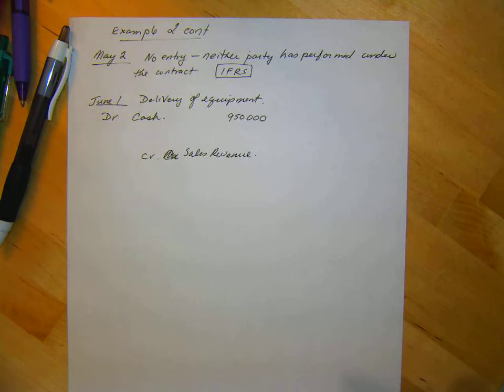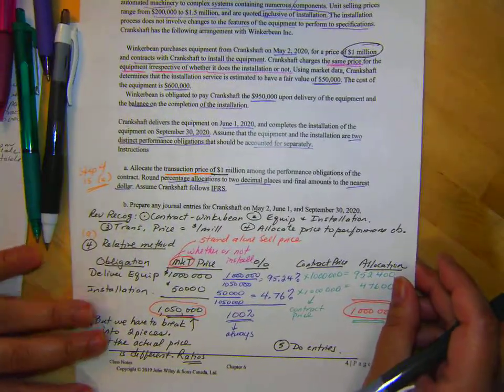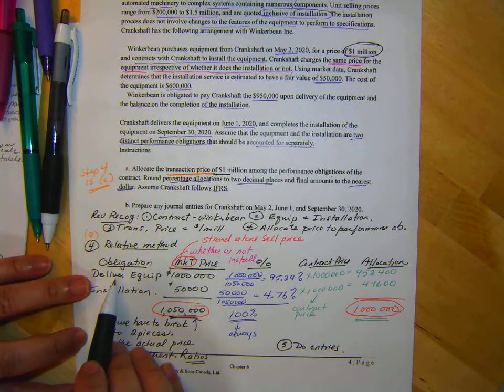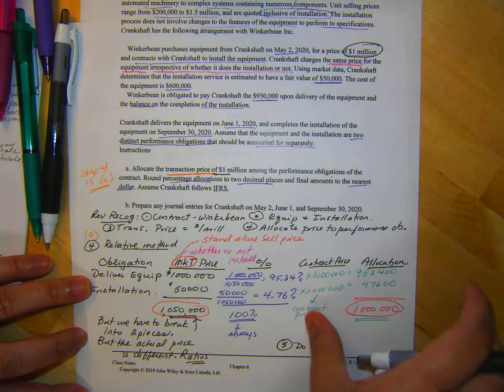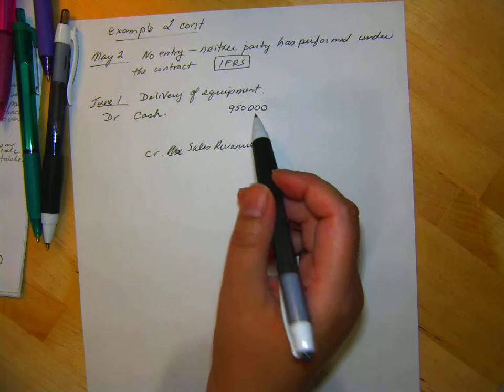We have earned part of our revenue. We have completed part of our contract. And what part of our contract on page 4 have we completed? The delivery. And what is the delivery allocation to us? $952,400. Okay? So we got cash, but that's just part of the contract.